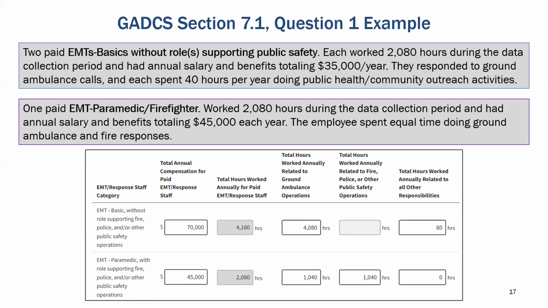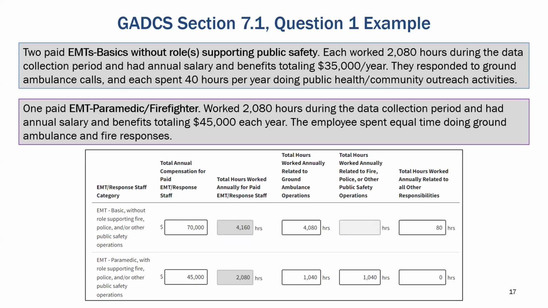These staff primarily responded to ground ambulance calls for service. They each spent about 40 hours a year doing public health and community outreach activities. For these staff, the organization reports $70,000 in total annual compensation, which is $35,000 times 2. They report 4,080 total hours worked, which is 2,080 times 2 minus the combined 80 hours per year doing public health and community outreach activities.